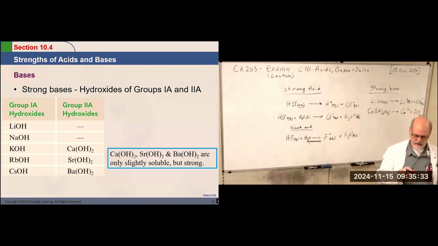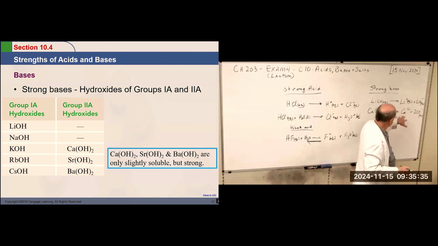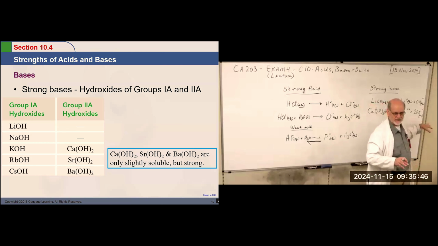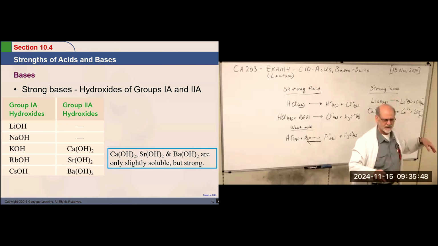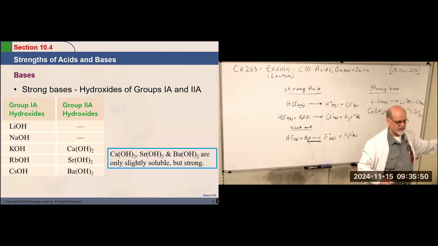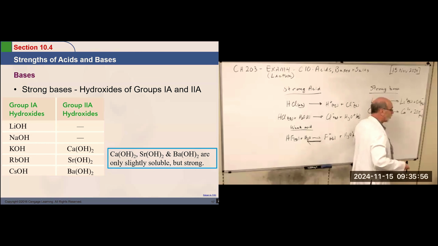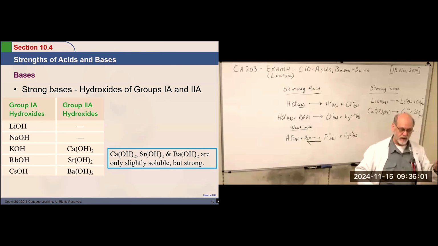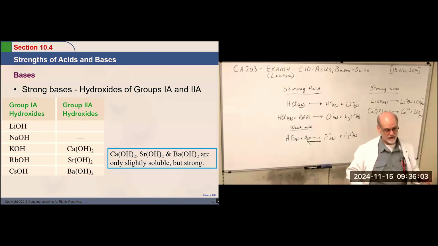The caveat is that these compounds are only very slightly soluble in water. But whatever goes in solution completely dissociates. You see the distinction? For the alkali metals, everything goes into solution and dissociates. But for the alkaline earths, whatever goes into solution dissociates, but only small amounts of it go into solution.